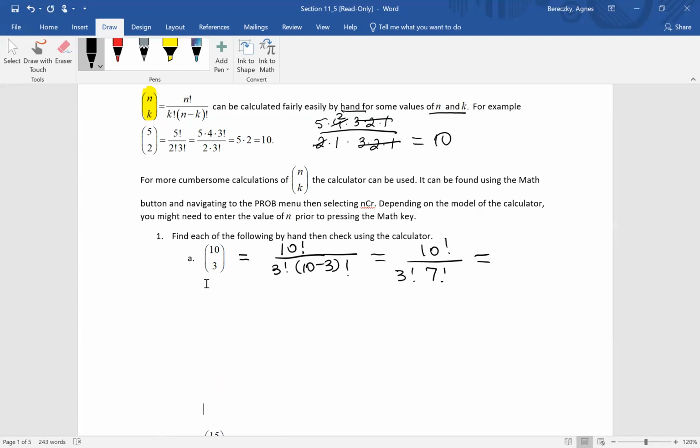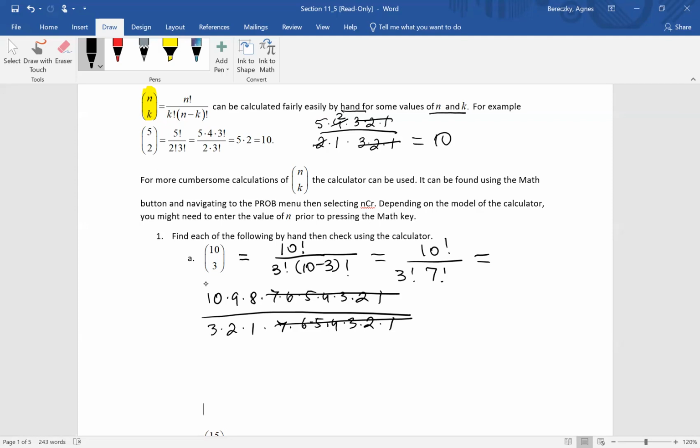If we write a list, 10 factorial means 10 times 9 times 8, 7, 6, 5, 4, 3, 2, 1. 3 factorial is 3, 2, 1. 7 factorial is 7, 6, 5, 4, 3, 2, 1. So this will automatically cancel out. 2 goes into 8 4 times, 3 goes into 9 3 times. So multiplying 10 times 3 times 4 is 120.